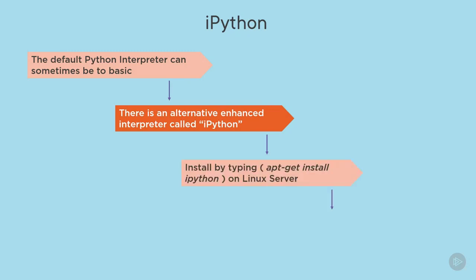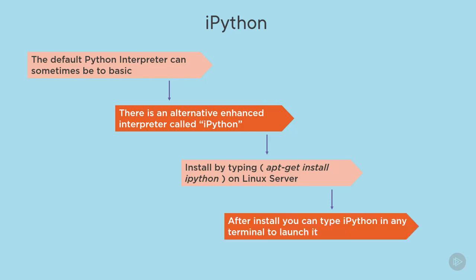You can install IPython on Linux servers using apt-get install ipython. Now, that's for Linux servers only, and for a specific flavor. So if you want to install this on Windows or your local machine, it might look a little different, and you'll have to go look that up.